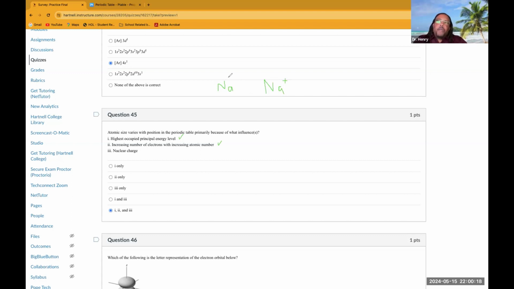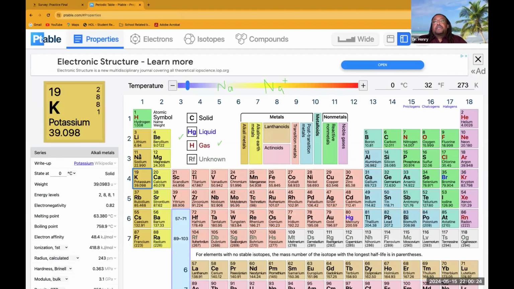If we take a look at sodium, it has a total of 11 protons, right? And then sodium plus has 11 protons. So they're both sodium. Now the difference is that the sodium plus is going to be smaller because the electrons get pulled tighter, because you have a stronger nuclear charge relative to the electrons on the outside.